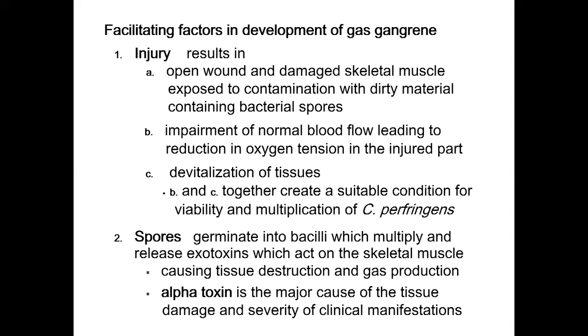Then there are facilitating factors in its development. We have touched on this, but we can put them into some perspective. Traumatic injury is a facilitating factor because it causes damage to skeletal muscle. And when these are exposed to contamination with dirty material, this dirty material should contain the spores of the bacterium or the species that would end up causing gas gangrene. Another important facilitating factor is the impairment of normal blood flow. Again, this is due to injury. When the wound is being created, the skeletal muscle is being damaged, and blood supply to that area is also being damaged.